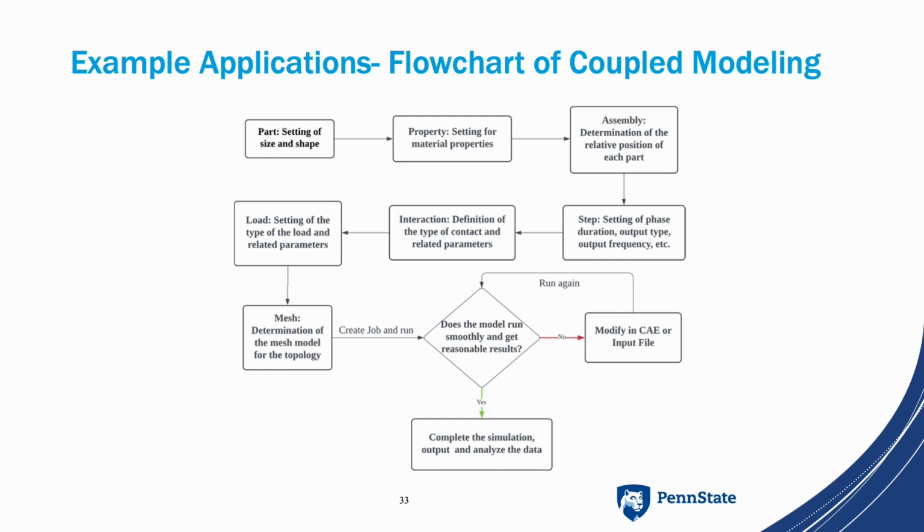Interaction was to define the type of contact and related parameters, setting of the type of the load and related parameters, and determination of the mesh model for the topology. As you see, does the model run smoothly and give reasonable results? If no, you have to modify the input files. If yes, complete the simulation, output, and analyze the data.